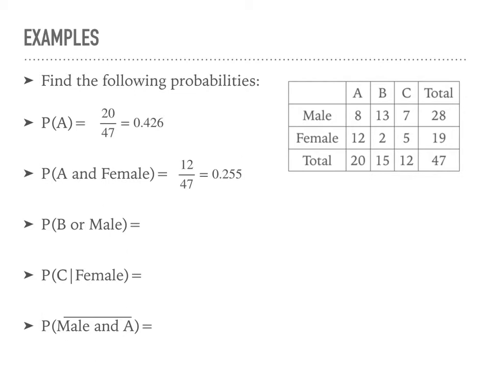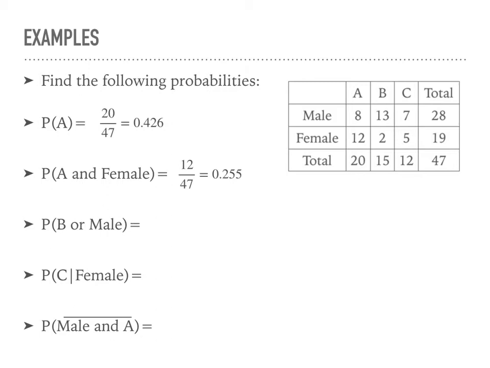How about the probability that a student was a male or got a B, also stated as B or male? So looking at this, we have 15 total students that got B's, and we have 28 total male students, and 13 of those were counted twice.